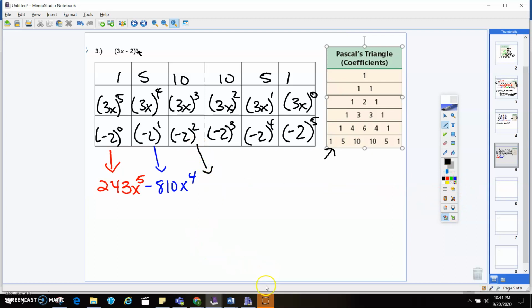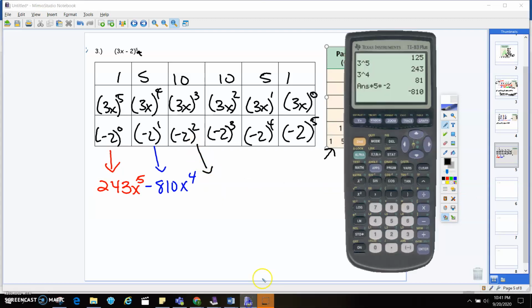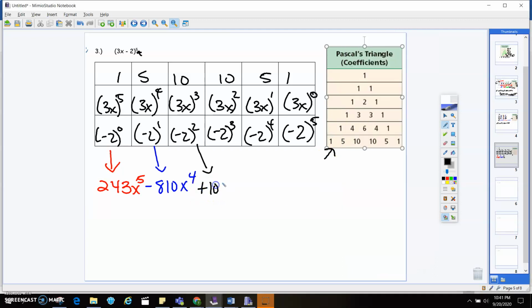So this is going to give me, once I go into my calculator, 10 times 3 to the 3rd power times negative 2 raised to the 2nd power. And that's going to give us 1080 x to the 3rd.